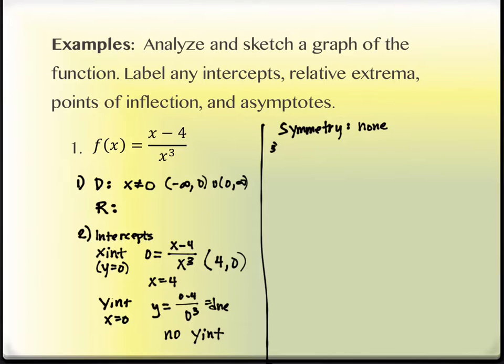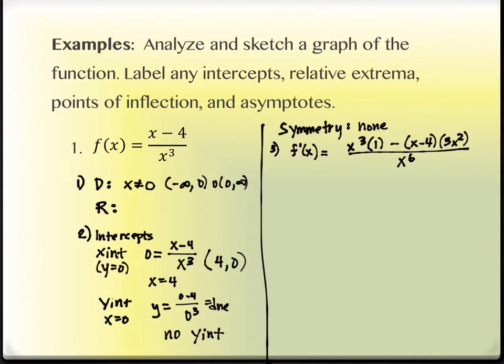So this is step 3, and we're going to take the derivative of our function. We've got the denominator first, times the derivative of the numerator, which is 1, minus the numerator, x minus 4, times the derivative of the denominator, which is 3x squared, divided by the denominator squared, which is x to the 6th. Is that all right?